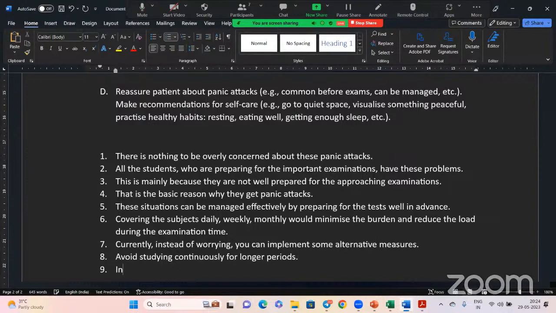In between, you can take short intervals for listening to music, practicing some exercises, or going for a walk.